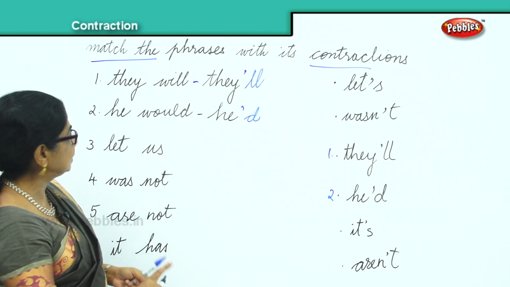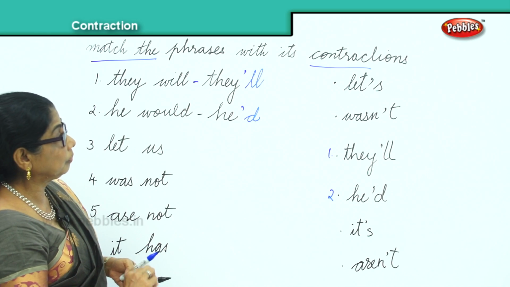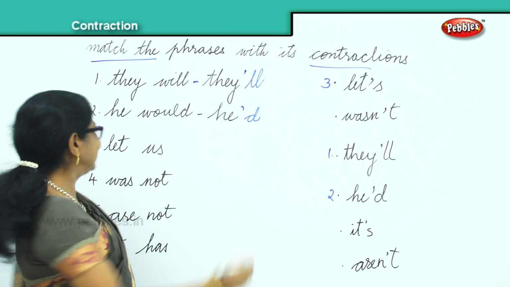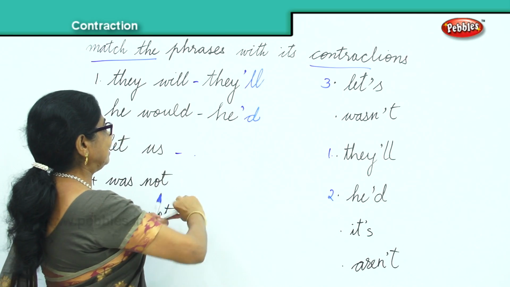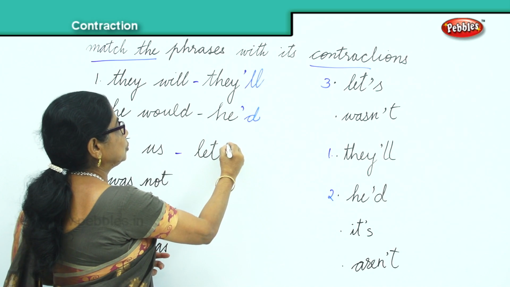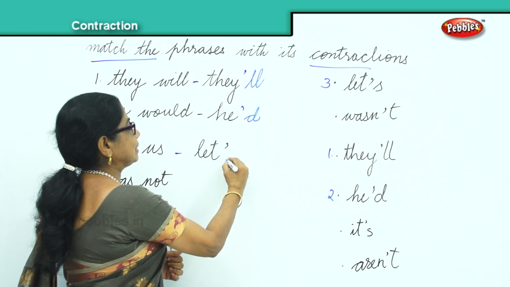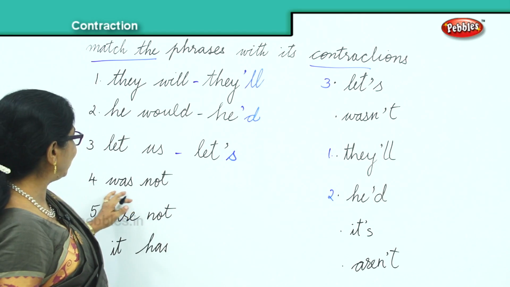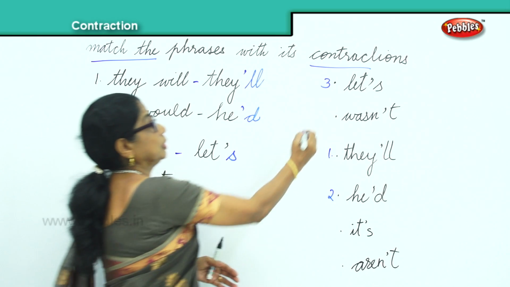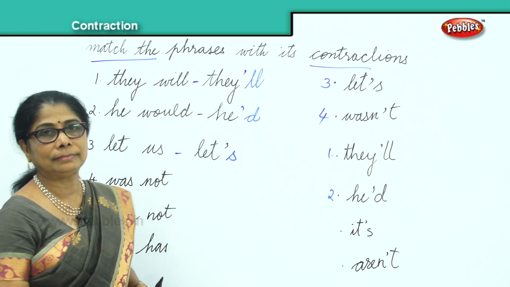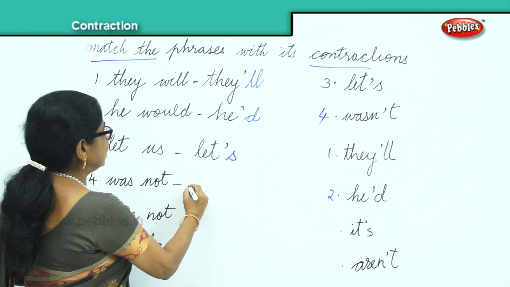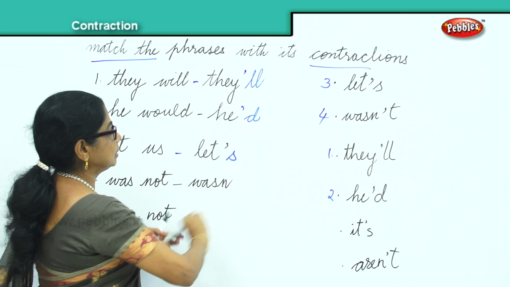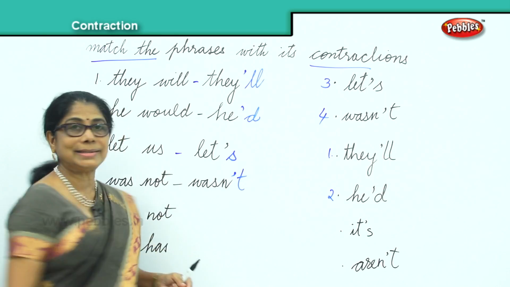He would, they would, she would, you will only write D. And the next we have let us, let's. That will be let, apostrophe, and you just write S. Let's. Then we have number 4, was not, wasn't.